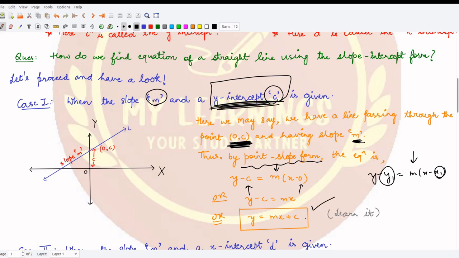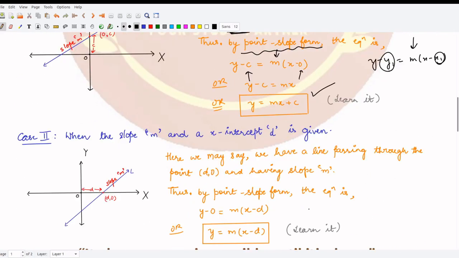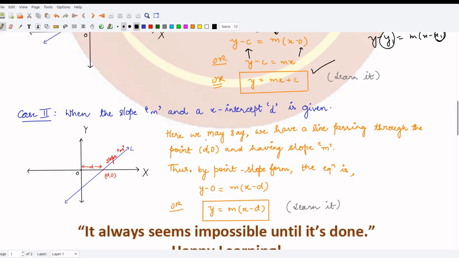Fine, we have to learn this. In the second case, we have the same case. Now instead of y-intercept, we are given the x-intercept. We are calling it by small d, and the slope small m is given to us. Now again, we would have the slope m with us, and the point would change here. It would become (d, 0), right, instead of (0, c).